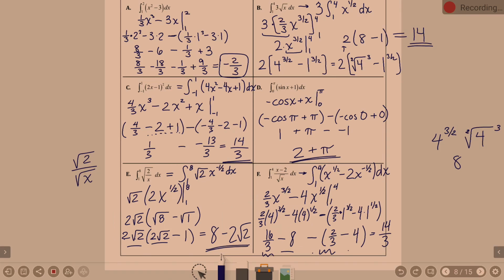Negative 8 minus negative 4, so negative 8 plus 4 is negative 4. And then in order to do 14/3 minus 4/3, I'm doing 14/3 minus 12/3, which is 2/3.